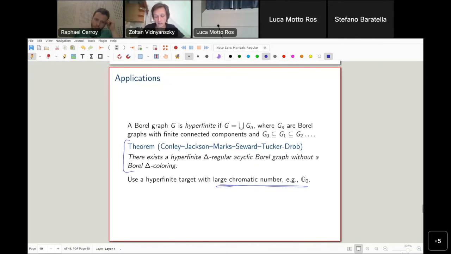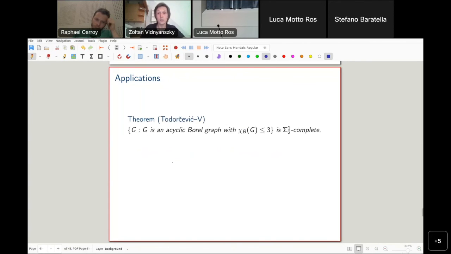It doesn't have to be anything. It can be very large, like G0. Think about G0, if you know what that is, and then take the homomorphism graph, and it automatically is going to be hyperfinite, but the chromatic number is still inherited. So this is one nice thing about the homomorphism graph.